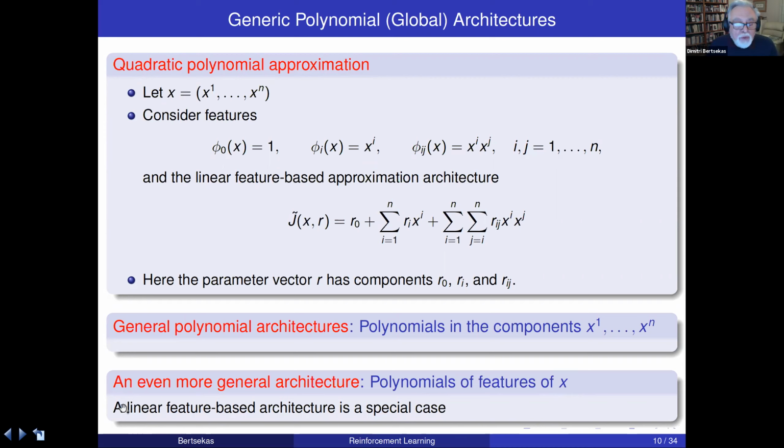Now, note also that a linear feature-based architecture is a special case of this. If the polynomial is linear, is first order, if you have a first order polynomial of features, that's exactly what a linear feature-based architecture is. Any questions here?